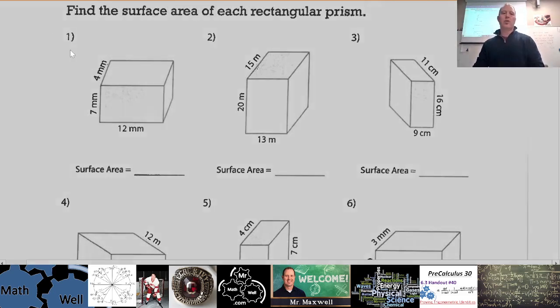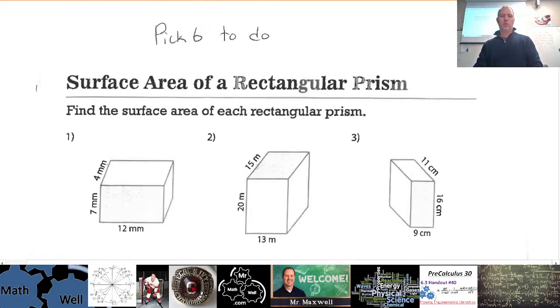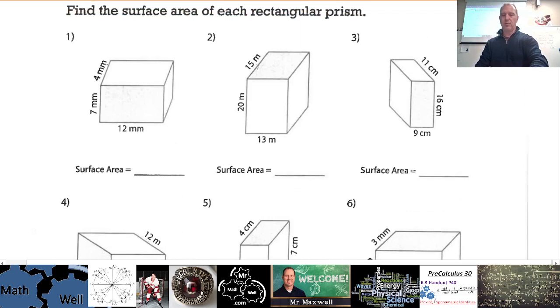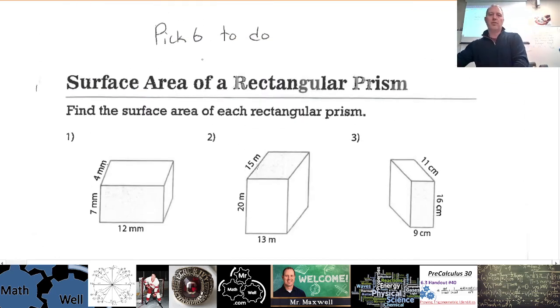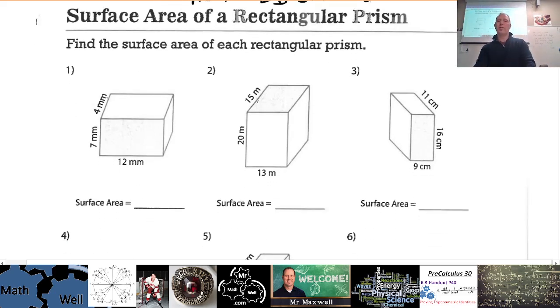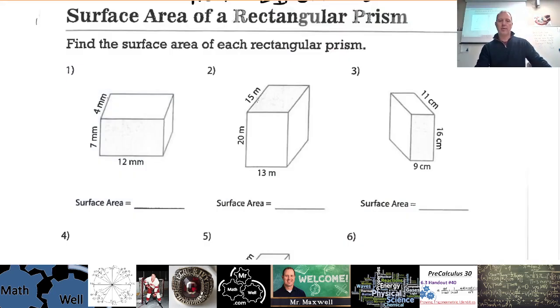You'll have to show your work on a separate piece of paper because I do want you to show your net diagrams for this page. You only have to do 6, so I'll do 1 with you here for sure. But you do need to include net diagrams with this page, so you might have to attach a separate page with your work. You can put your answers here, but I'll need to see your work as well. All right. So I'll do number 1 with you.